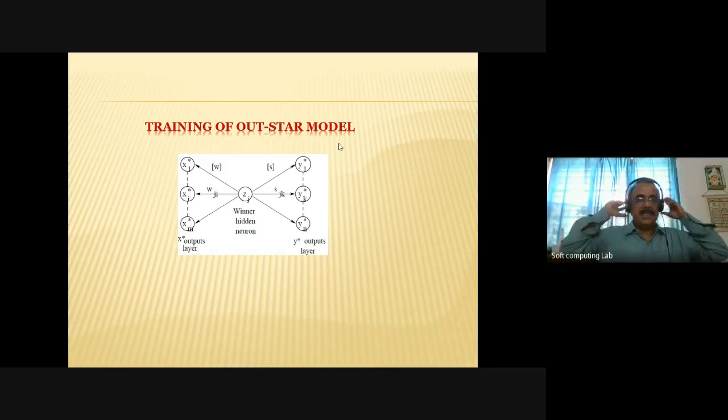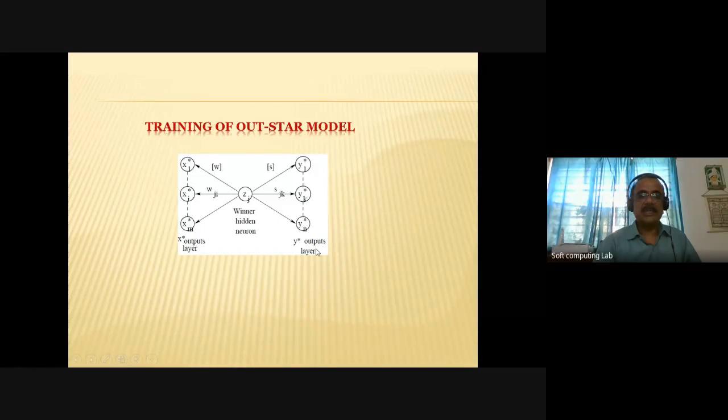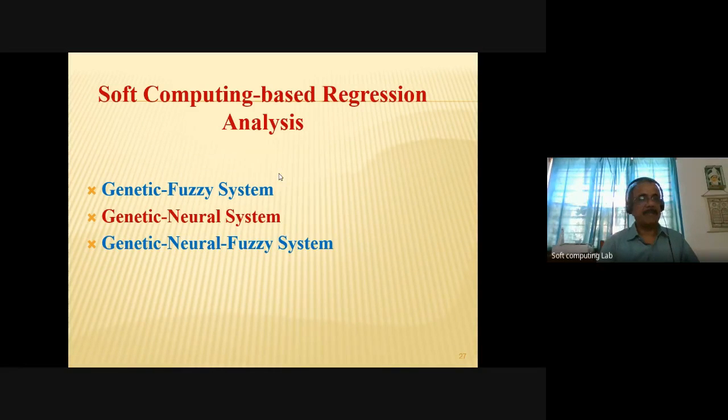Now, using that winner hidden neuron and the X star output and Y star output, we go for the out-star model. From this winner hidden neuron, the outputs are connected to the X star output layer and Y star output layer, and you have to go on updating the connecting weights, that is W and S, using the principle of Grossberg learning.